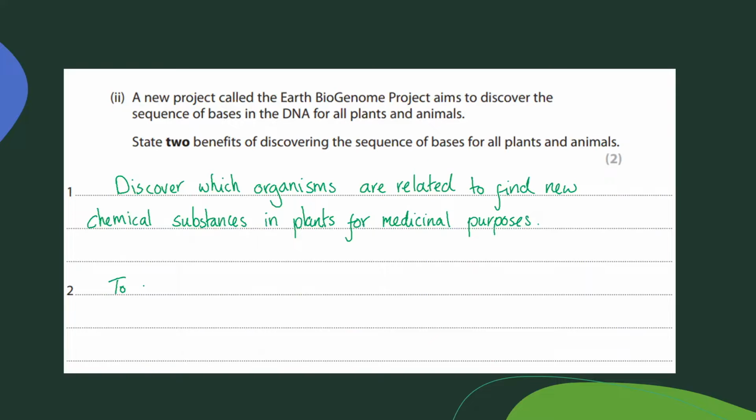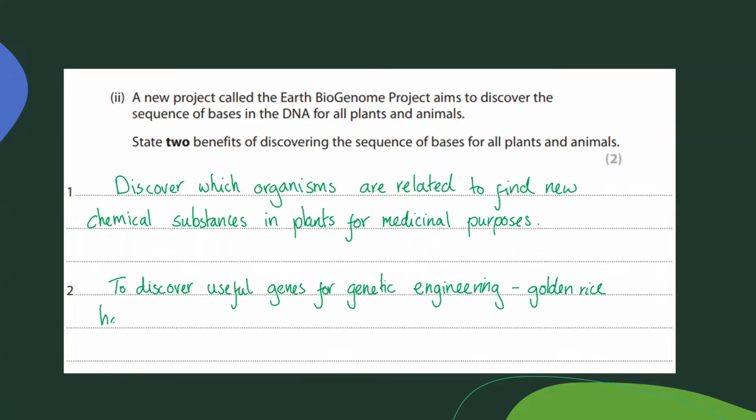So to discover useful genes for genetic engineering. For example, you might have heard of something called golden rice, which has beta carotene in it.